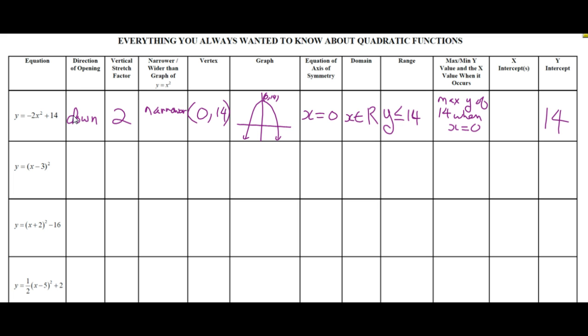So we're going to have 0 is negative 2x squared plus 14. So negative 14, move the 14 over, is equal to negative 2x squared. So x squared, just flipping sides, is equal to 7, and x will be plus or minus the square root of 7. There's your x-intercepts: root 7, negative root 7.